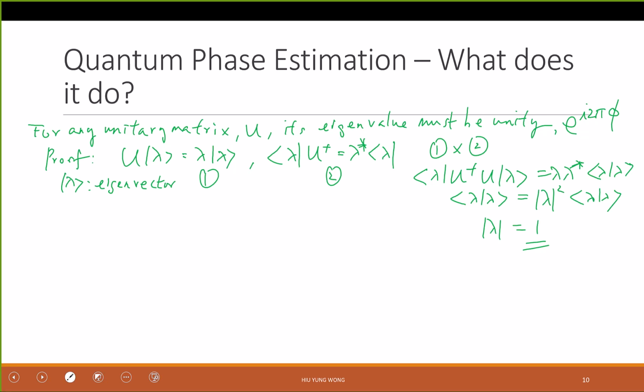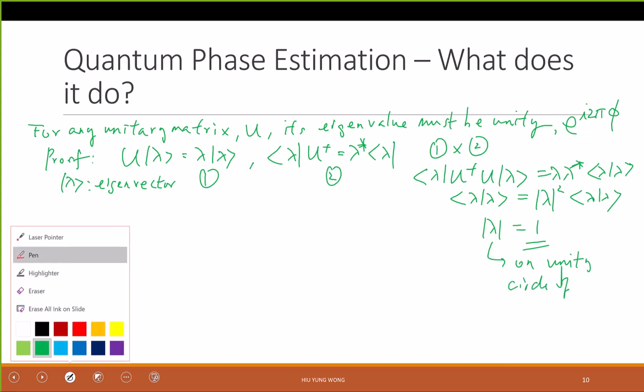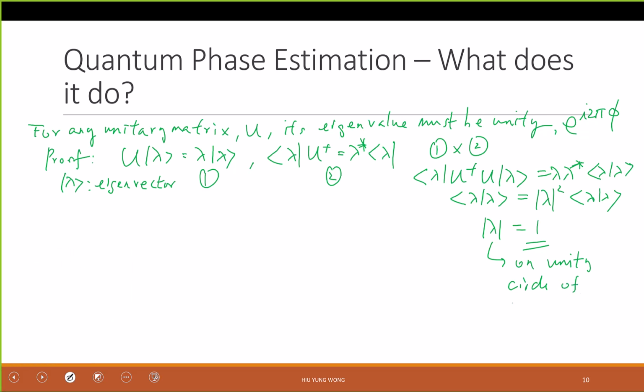Lambda is a complex number, and its magnitude is 1. Then this must be on the unit circle of the complex plane, right? So this is a proof.